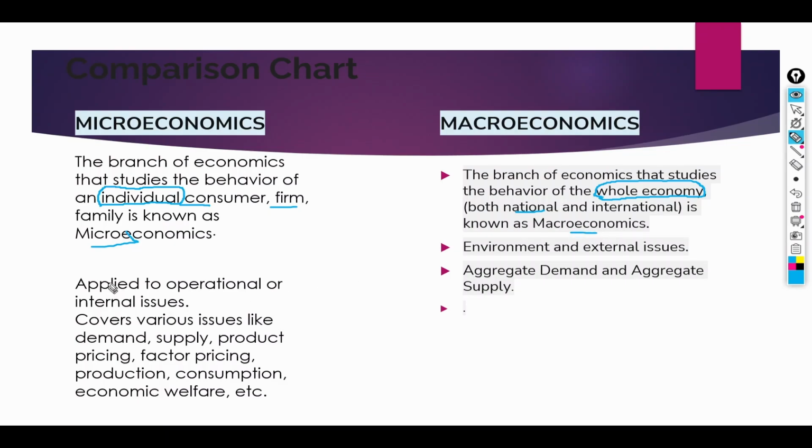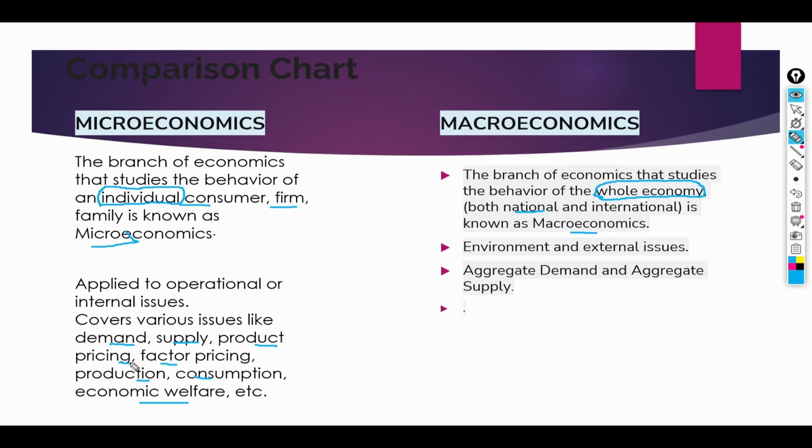Then another pointer is microeconomics is applied to the operational or internal issues, covers various issues like demand, supply, product pricing, factor pricing, production, consumption, and economic welfare. When we are discussing microeconomics, then they keep those things in mind.